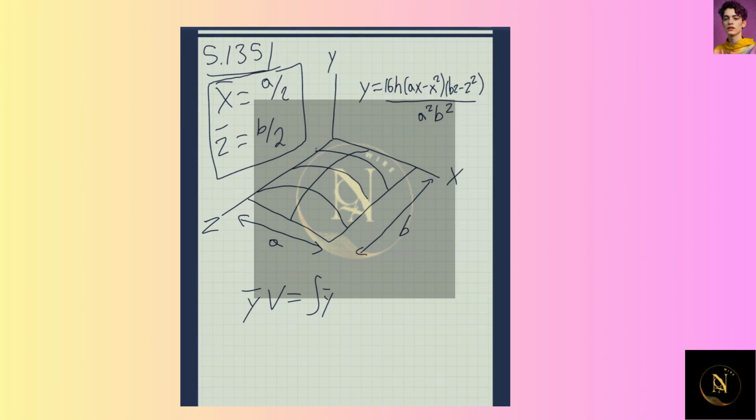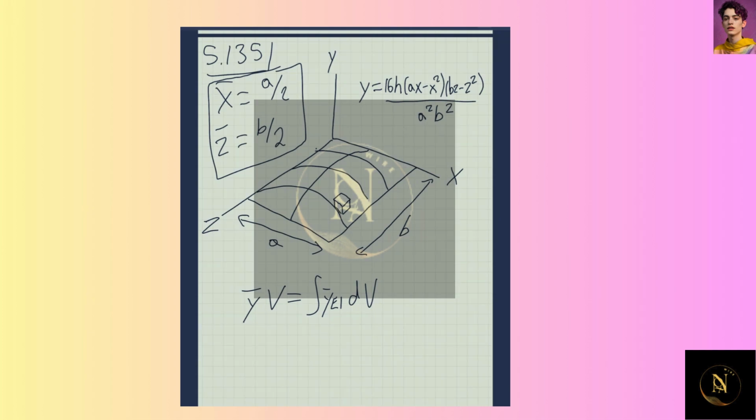To find the centroid in the y direction, we'll use the equation where the centroid times the total volume is equal to the integral of the centroid of an element, dV, and the element will integrate across this volume.